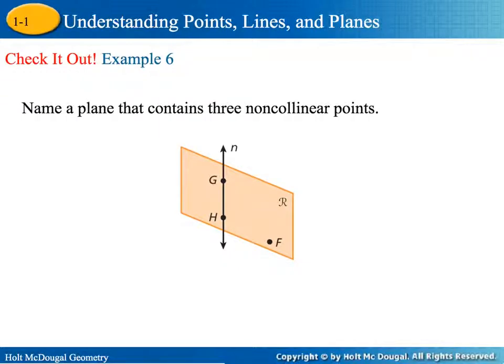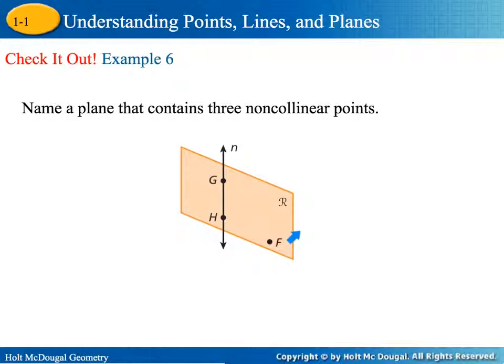Next it wants us to name a plane that contains 3 non-collinear points. So this orange rectangle looking box, this is the plane. And these are 3 non-collinear points, F, G, and H. So they want us to name it. Again, there are 2 options for this one. Because of this cursive R in the top corner, this names this orange square.